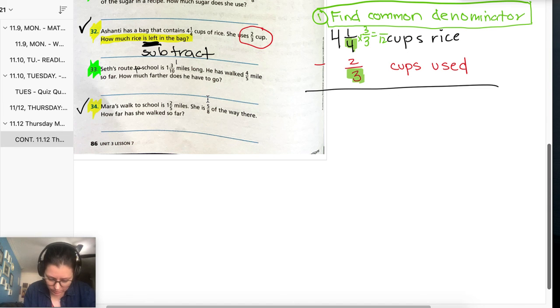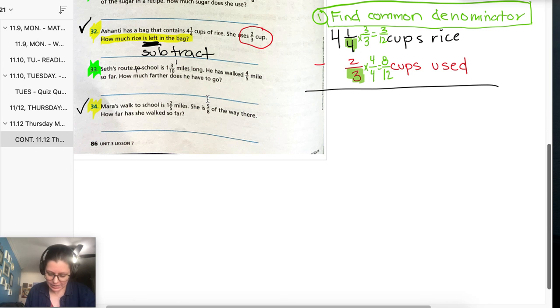So 1 times 3 is 3. And I know that 3 times 4 is equal to 12. So if I multiply my denominator 3 by 4, then I need to multiply my top by 4 as well. 2 times 4 is equal to 8.